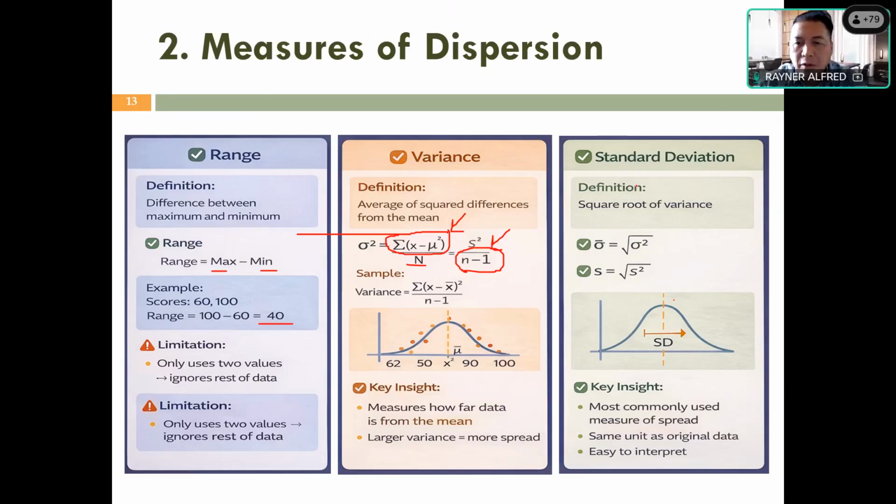Okay, so the third one is standard deviation. So standard deviation is similar to the variance. They just take the square root of the variance to make it smaller. Okay, so this range, variance, standard deviation, I believe should be no problem for you guys. Okay.